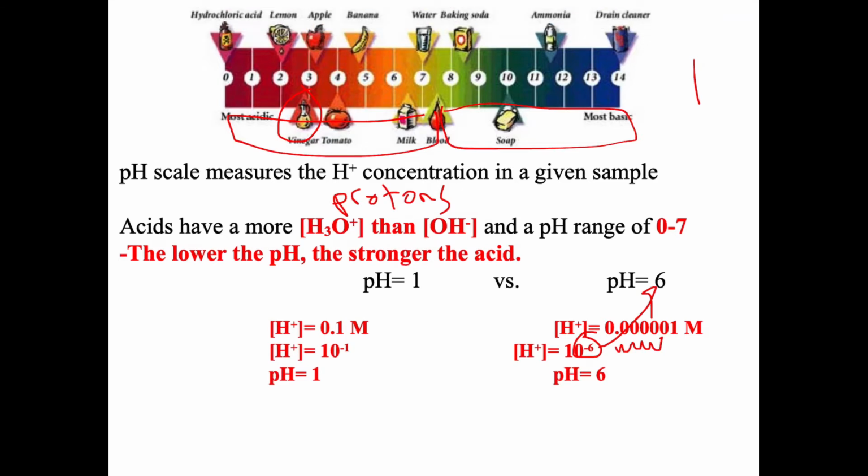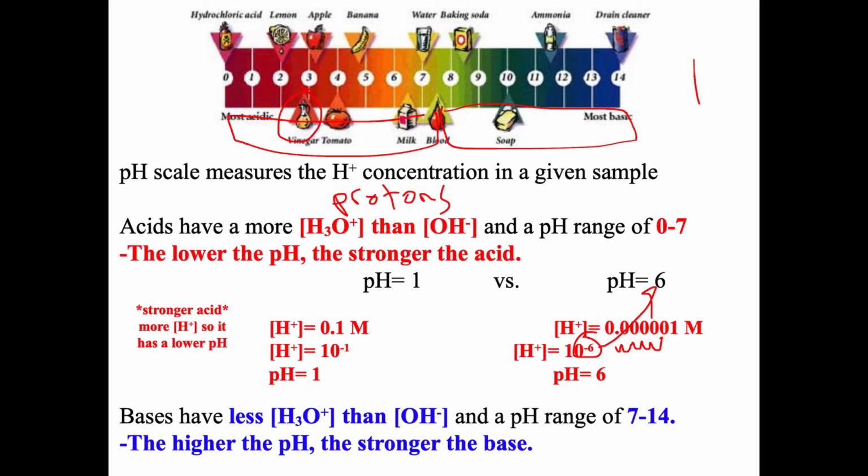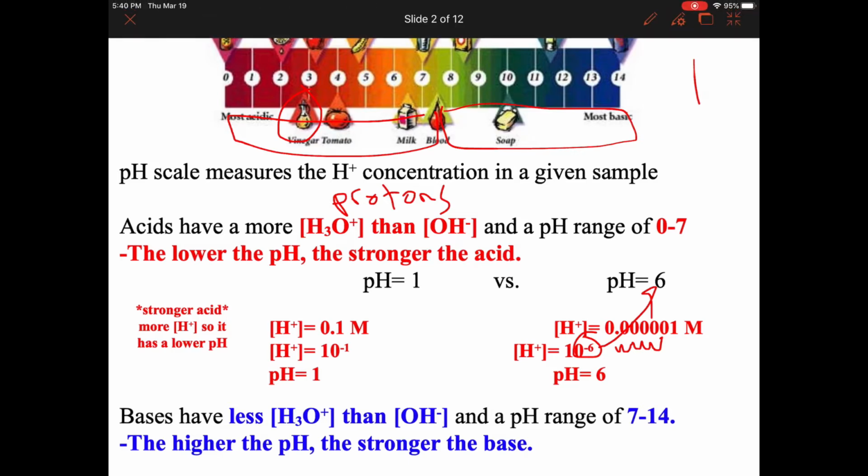So whereas an acid has more H3O plus than OH minus, a base is just different, right? A base has less H3O plus than OH minus, or more OH minus than H3O plus. And again, the higher the pH, the more OH minus you have. So if we had a range of, let's say, 10 to 14, 14 would have more OH minus, right?